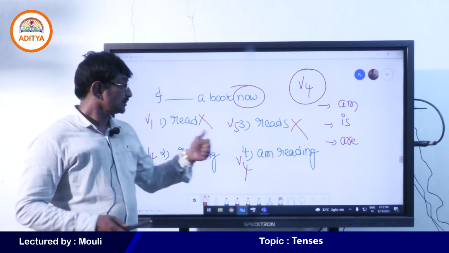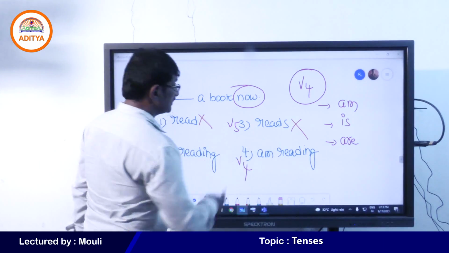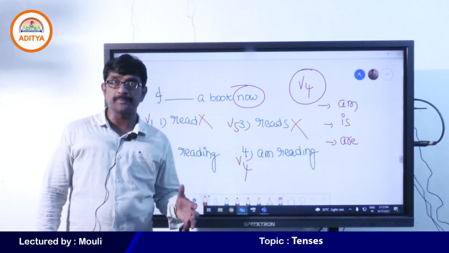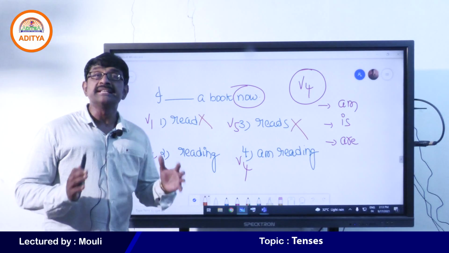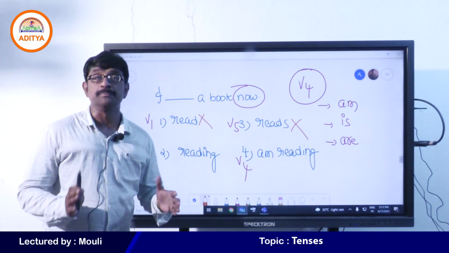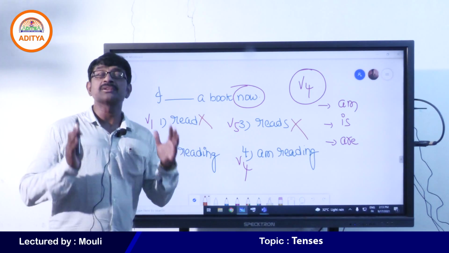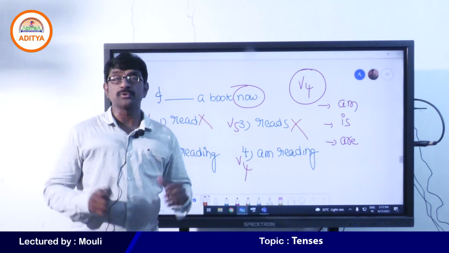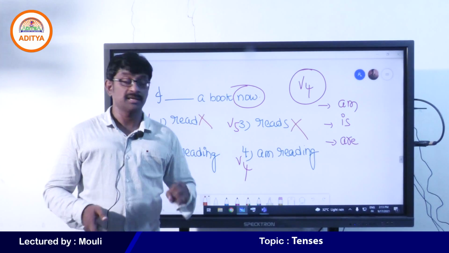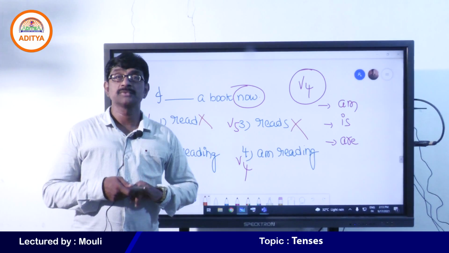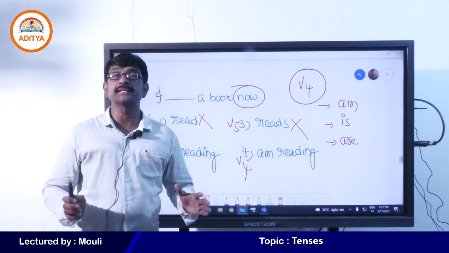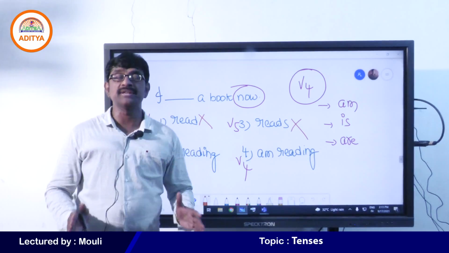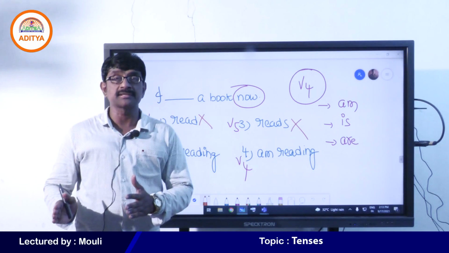So two choices are still there, reading and am reading. We know that reading is directly not a verb. We already learned a few days ago that V3, V4, V6 are not at all verbs. If you want to use them, you require some helping verb.